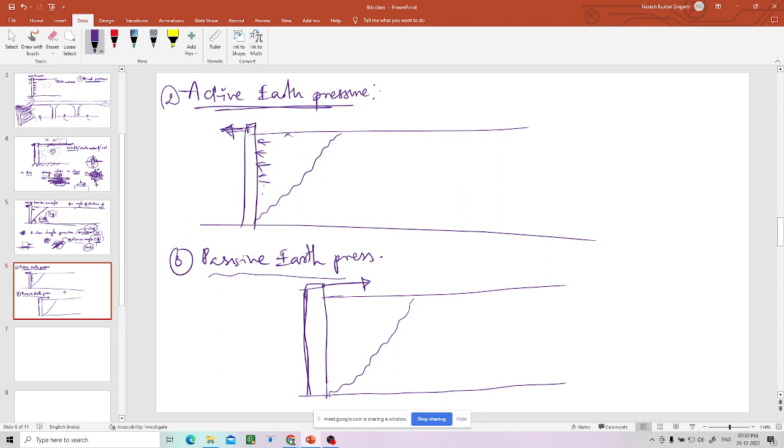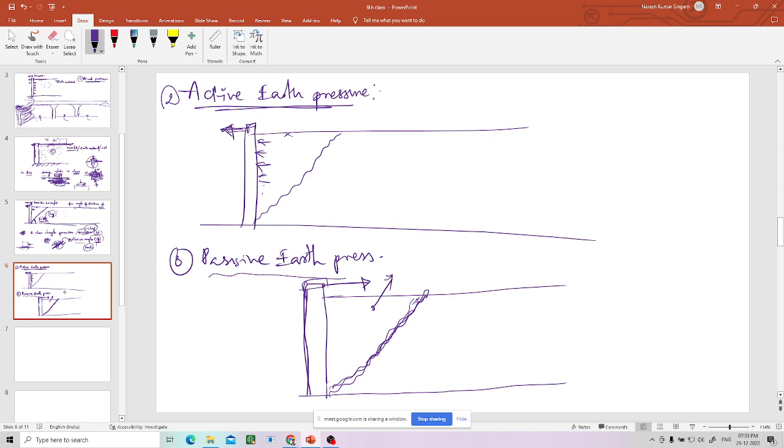It will fail, because some part of the soil is completely pushed continuously because of this wall. When it is completely being pushed, this total wedge above this plane tries to move up, leaving this part down. So then also there is a failure plane.